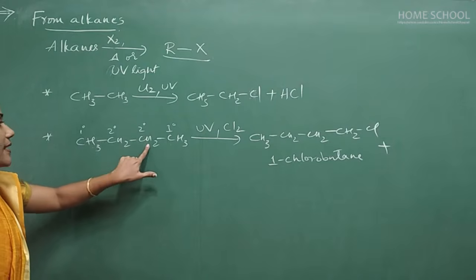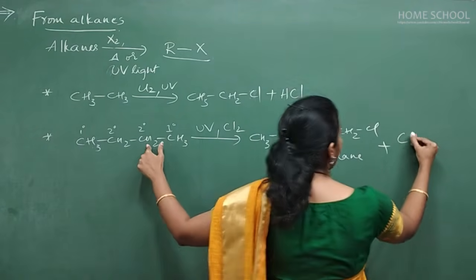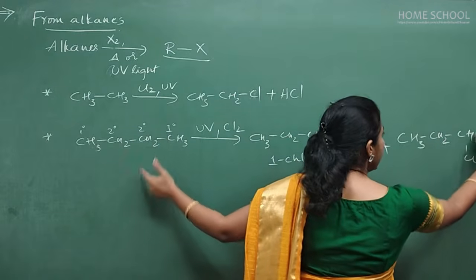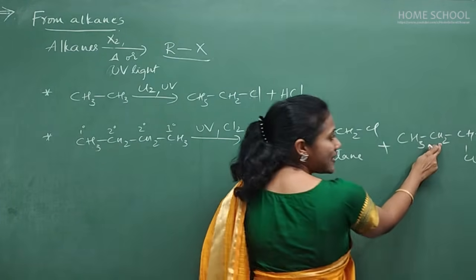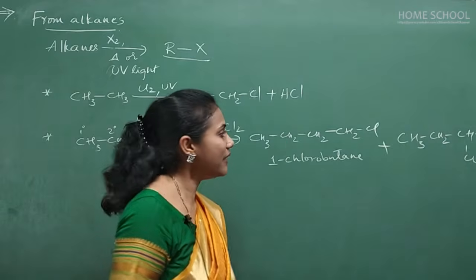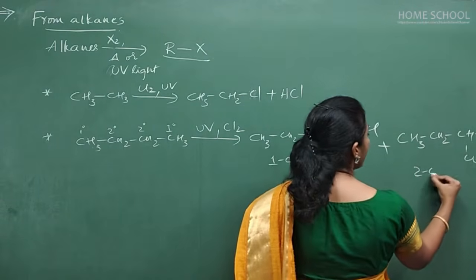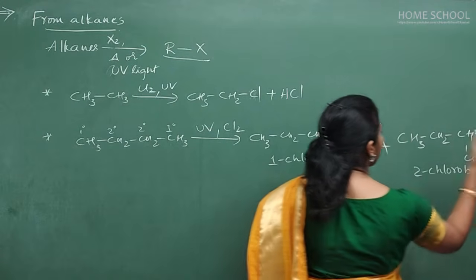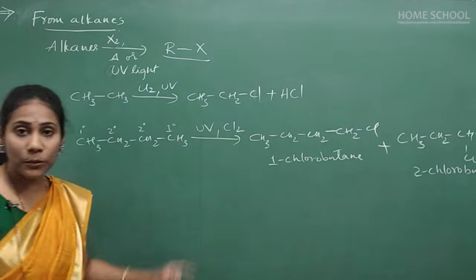Let me replace this hydrogen. So what is the product we'll get? CH3, CH2, CHCl, CH3. I can also replace this, I get the same compound, right? So this is 2-chlorobutane. So this is where you have to be careful.